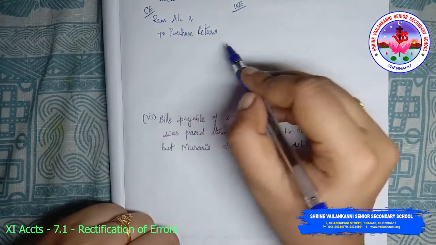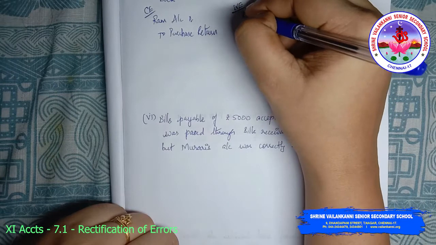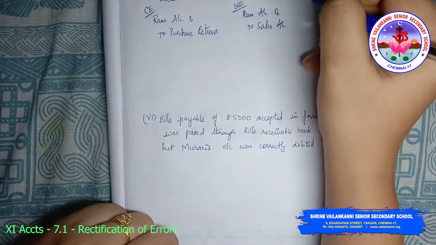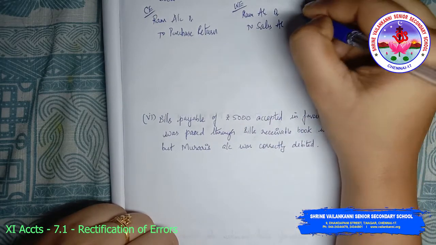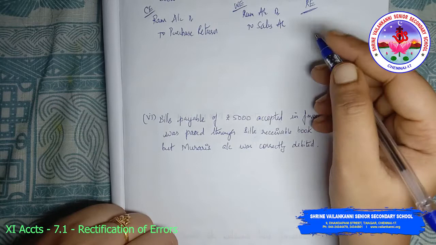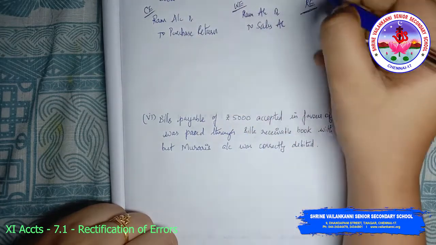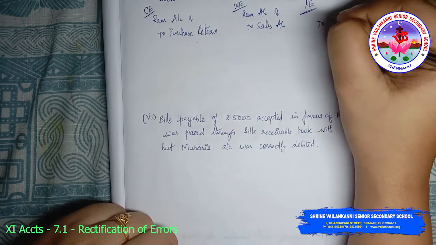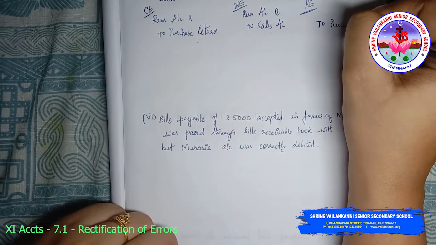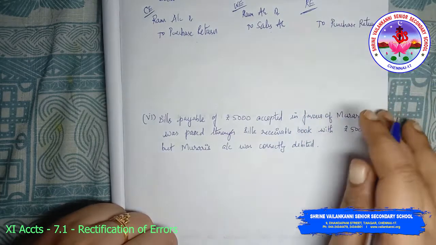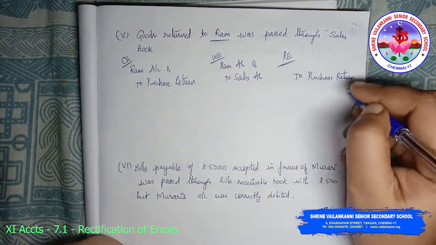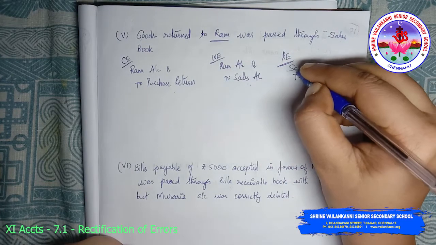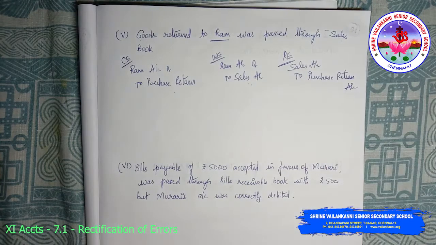It was passed through sales book. So Ram account debit to sales account. This is the wrong entry. What is the rectified entry? Ram is right. So purchase return has to be credited. What is to be debited? Wrong credit, sales, needs to be debited. So this is the entry.